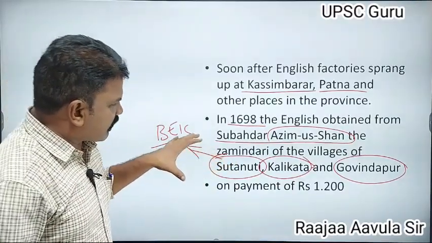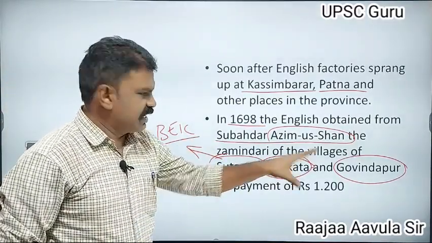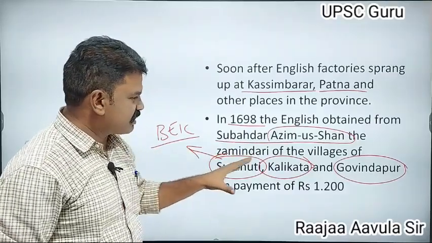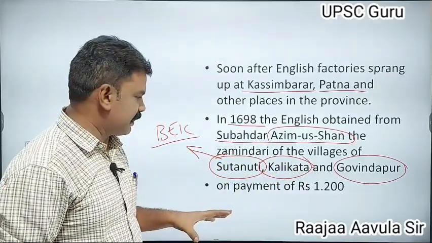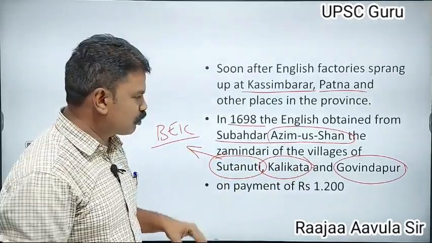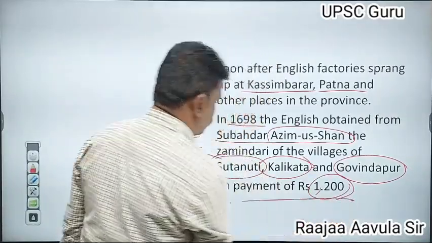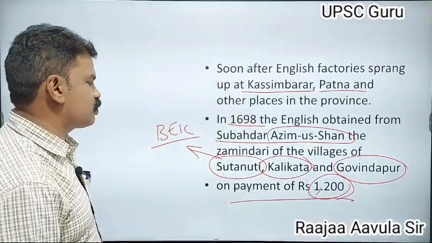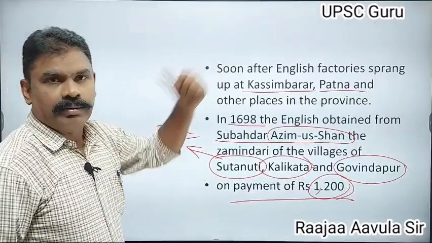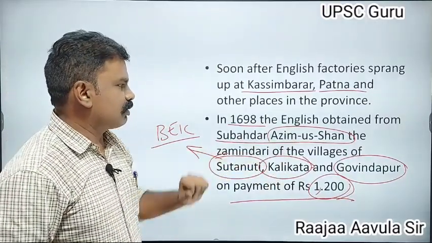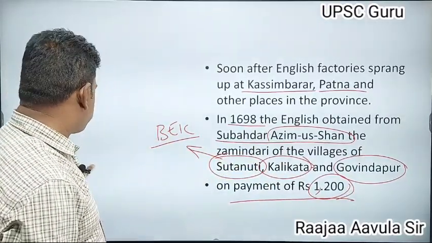For giving these three areas, the British East India Company paid an amount of just 1200 rupees.